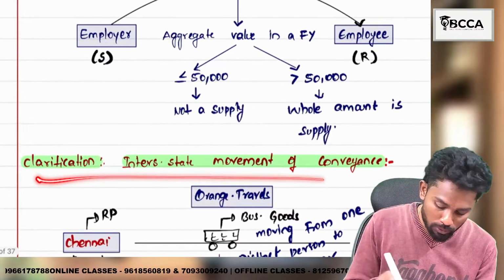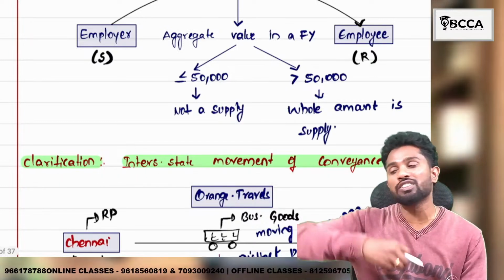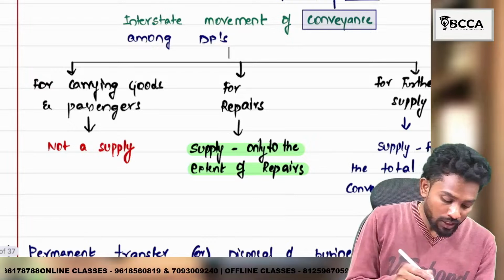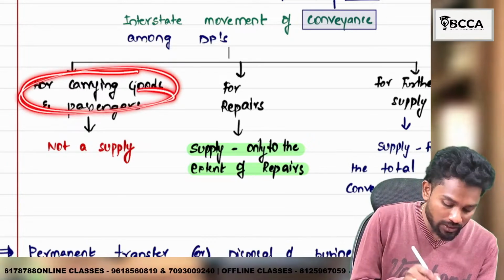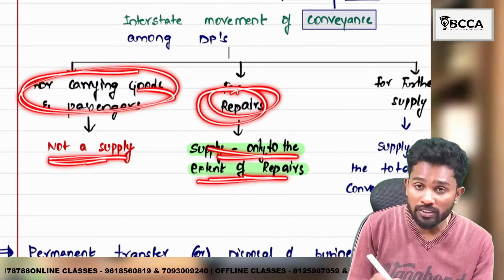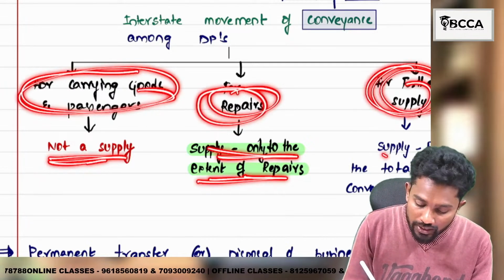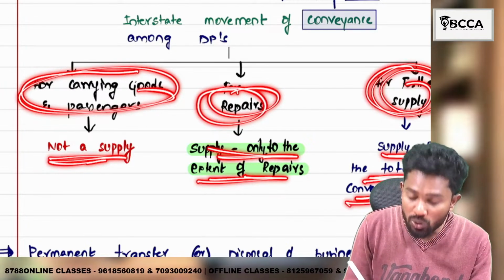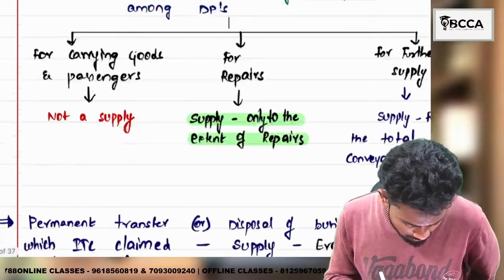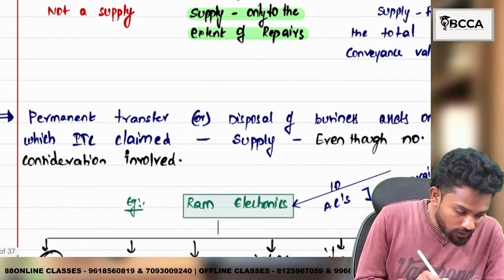Then interstate movement of conveyance: when the conveyance itself is sent from one related person to another distinct person, when it is sent for carrying goods and passengers, not a supply. For repairs, then supply only to the extent of repairs. When it is sent for further supply, then it is supply to the extent of the total conveyance value.